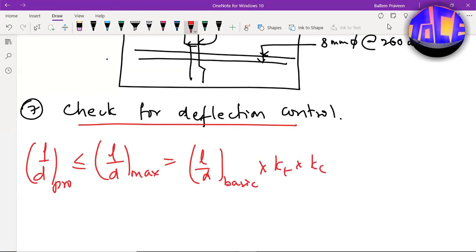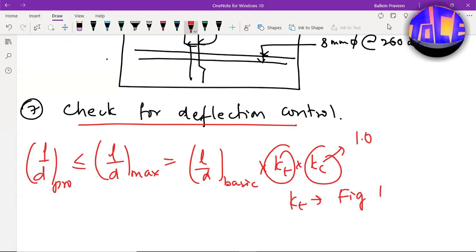This Kc is the coefficient for compression reinforcement. Since there is no compression reinforcement for the slab, you can take this value as 1. And what is this Kt? You'll get this from figure 4 of IS 456.